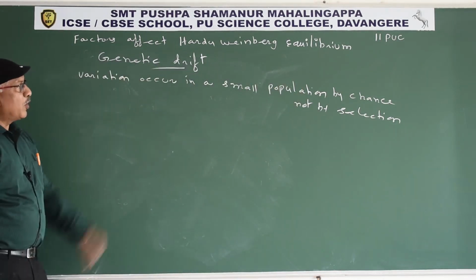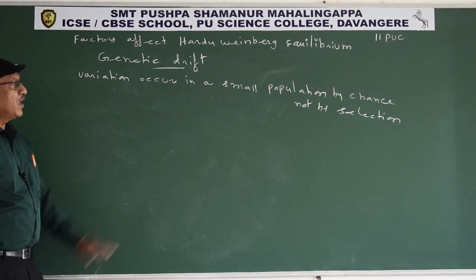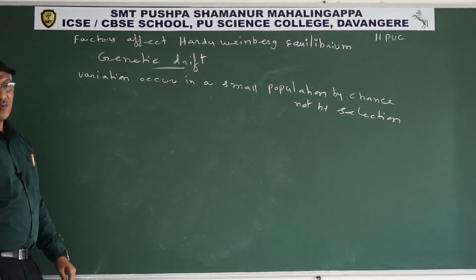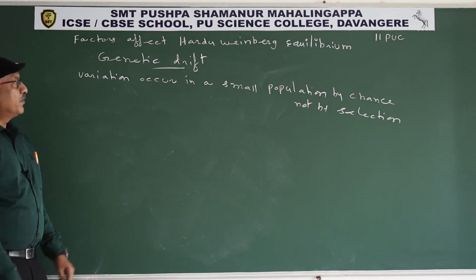Variation occurring in a small population by chance, not by natural selection, is known as genetic drift.